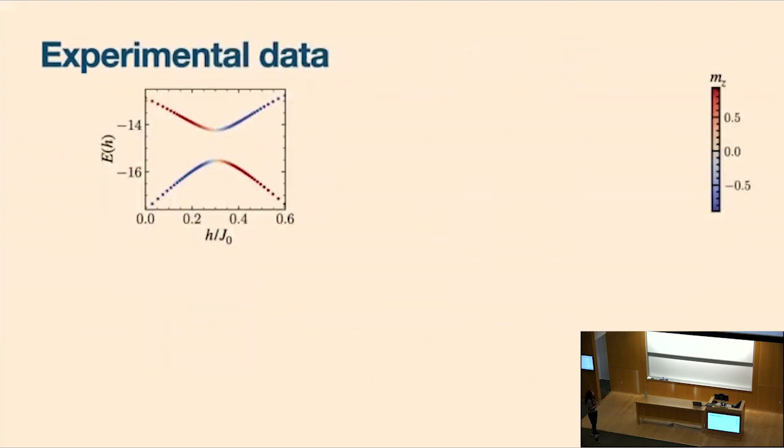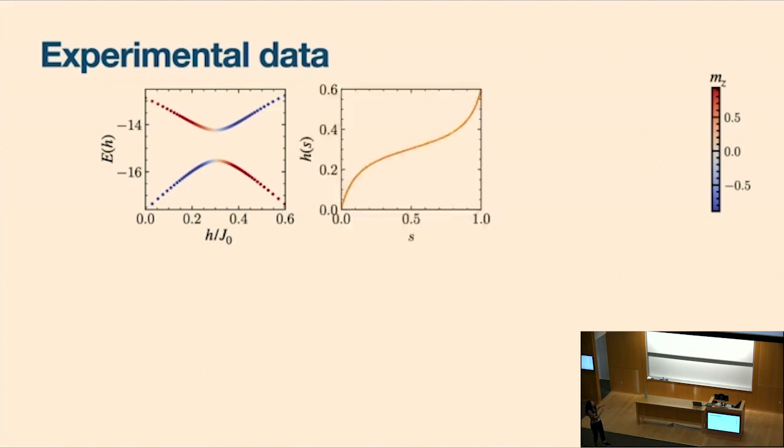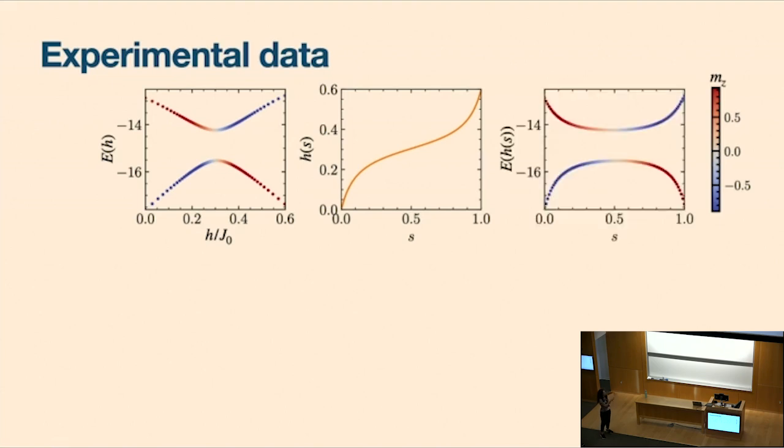Okay, so let's look at the experimental data. This was the spectrum I showed earlier. To make it easier to observe this kind of physics, we chose a slightly different profile of the ramp. Rather than using a linear ramp, we use one that slows down as we go through the string breaking point.